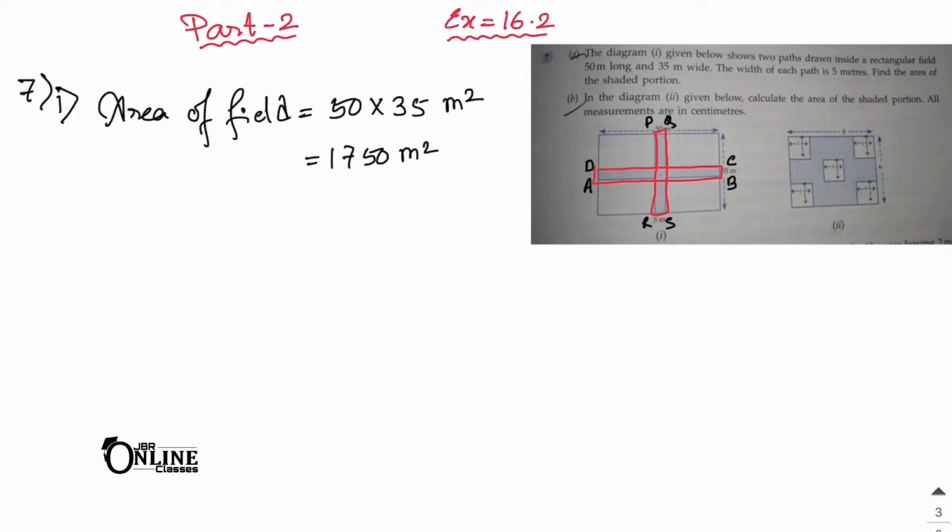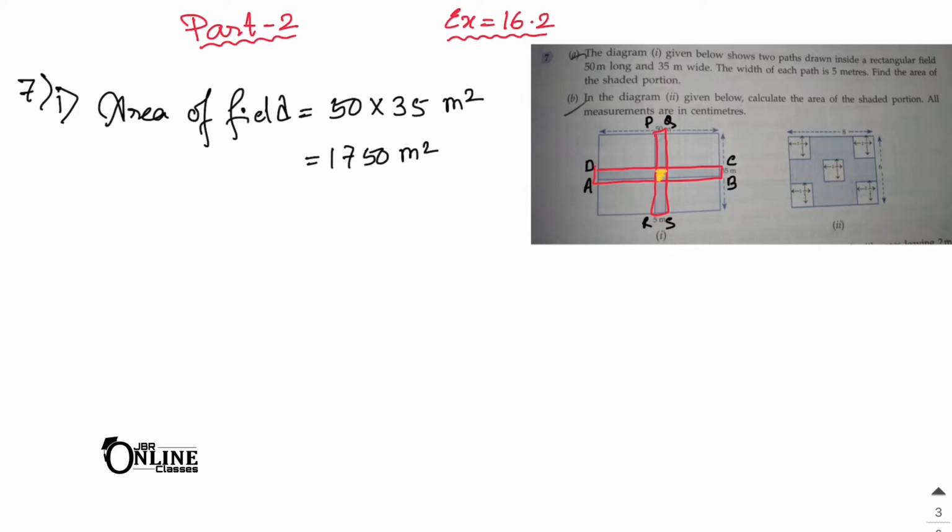But this portion in the middle is the common portion. Okay, so here the breadth or width of the path is 5 meter.